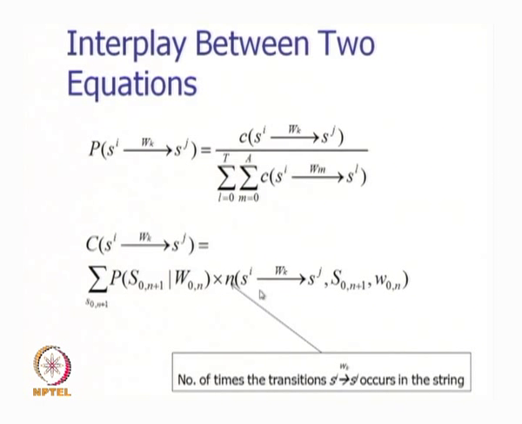Then the probability values can be used in the forward backward formula to obtain the new count. This will give rise to new probability values, and this will go on. As this goes on, we finally come to a situation where the probability value does not appreciably change, and that would be the termination of the algorithm.